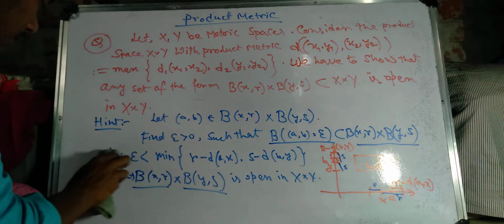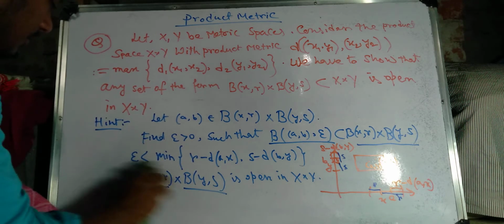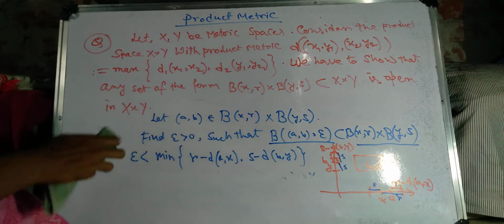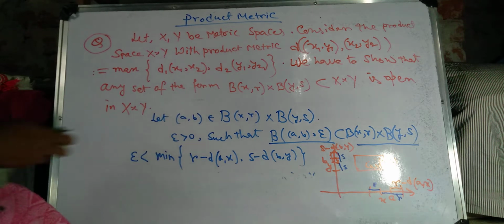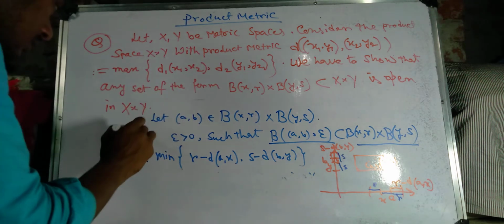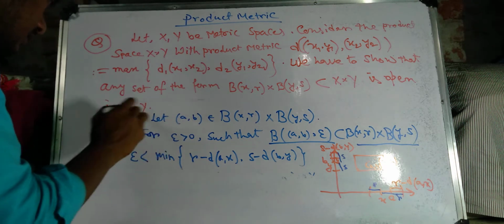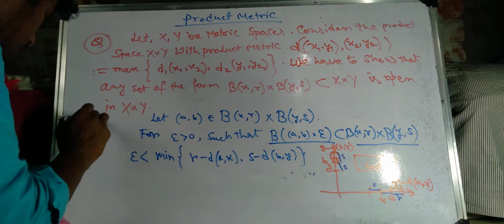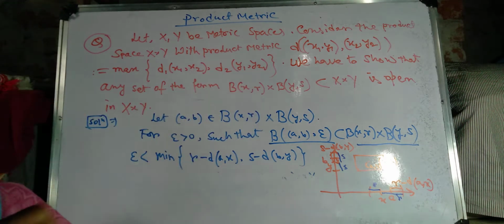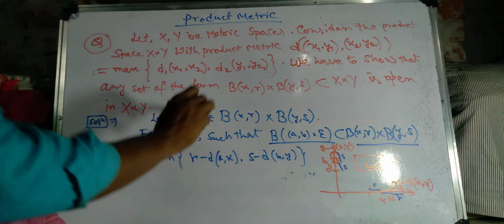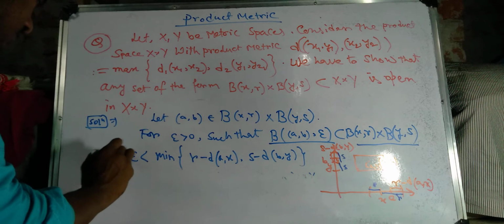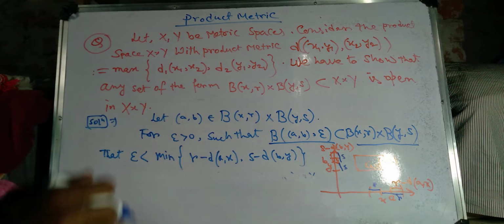We take epsilon equal to this and it becomes a solution. We have to show that for epsilon greater than 0 this is a solution, that (a, b) belongs to this.